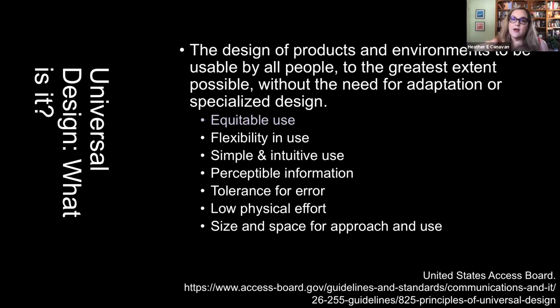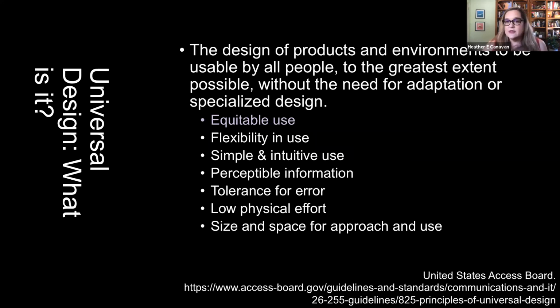Okay, great. So I'm going to talk first about universal design. This is a whole area of research that, depending on what part of campus you're on, could be something that is old hat to you, or it could be something that you've not heard of. This is the idea that our structures, our products, our spaces should be designed to be useful and usable by all people to the greatest extent possible without need for adaptation or specialized design.